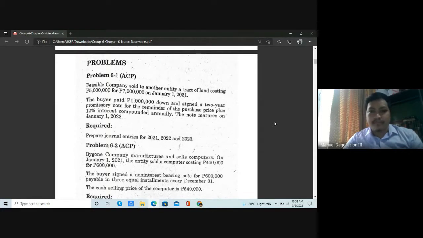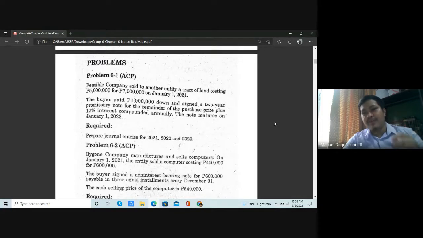When we are dealing with non-interest-bearing notes, in the eyes of accounting, we do not believe that money is going to be owed without interest. We do not believe that the use of money will be for free.